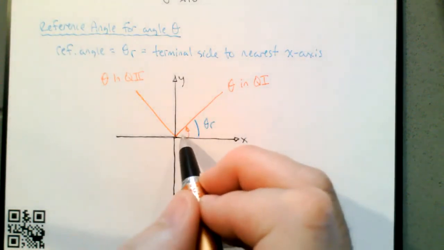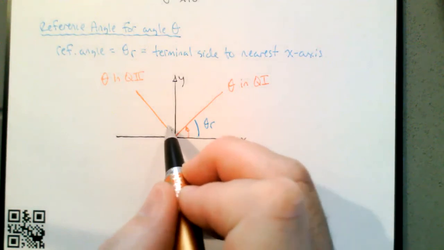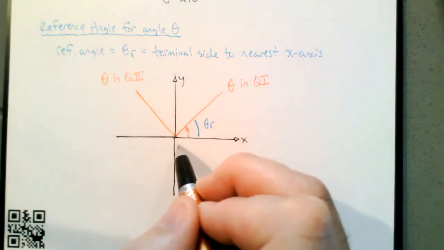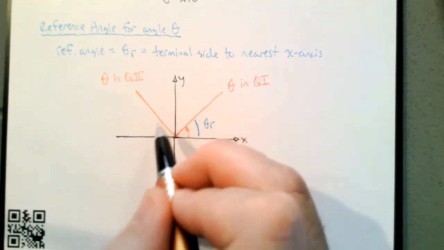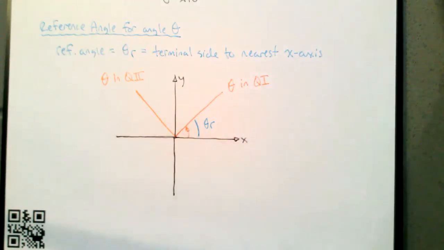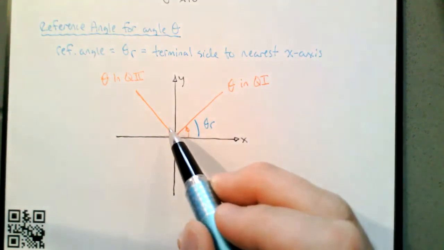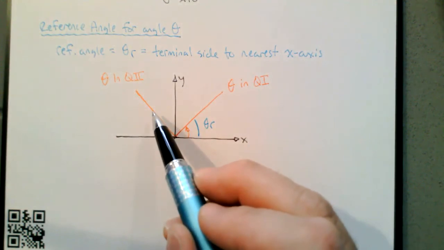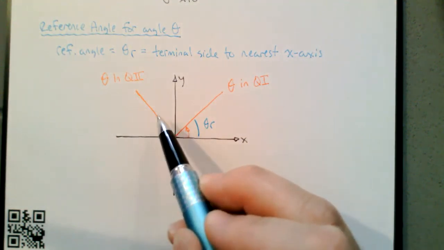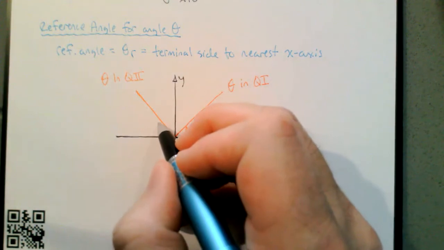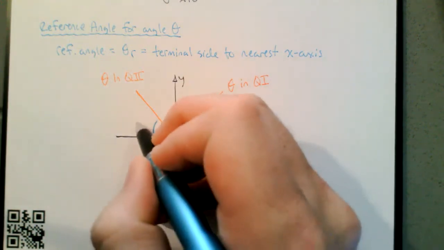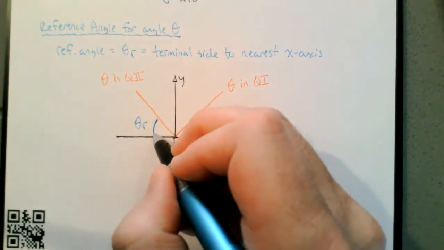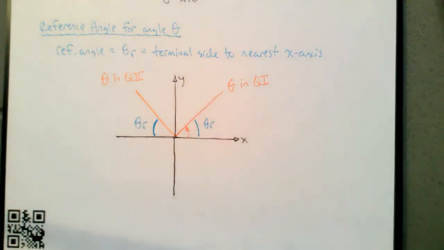It could be because we measured theta from the positive x-axis counterclockwise, or maybe it went backwards clockwise 4 or 5 times before it terminated here. Whatever angle ends here in the second quadrant, the reference angle goes from the terminal side to the nearest x-axis. So we drop it down here. That's where we'll draw theta r.